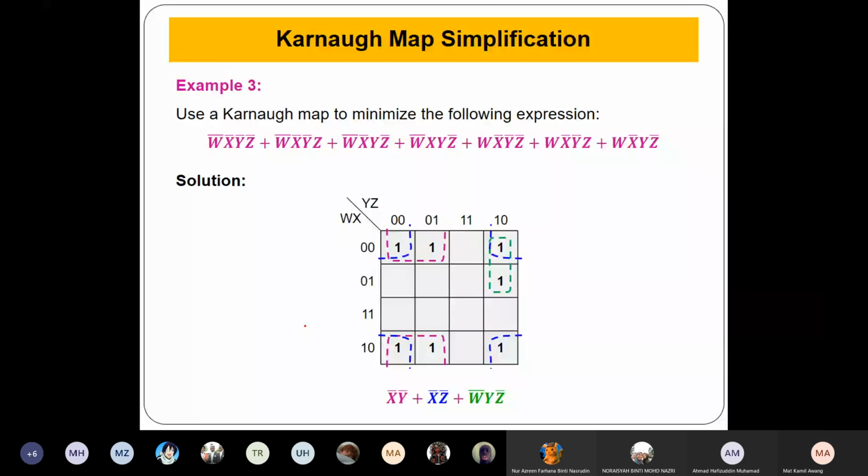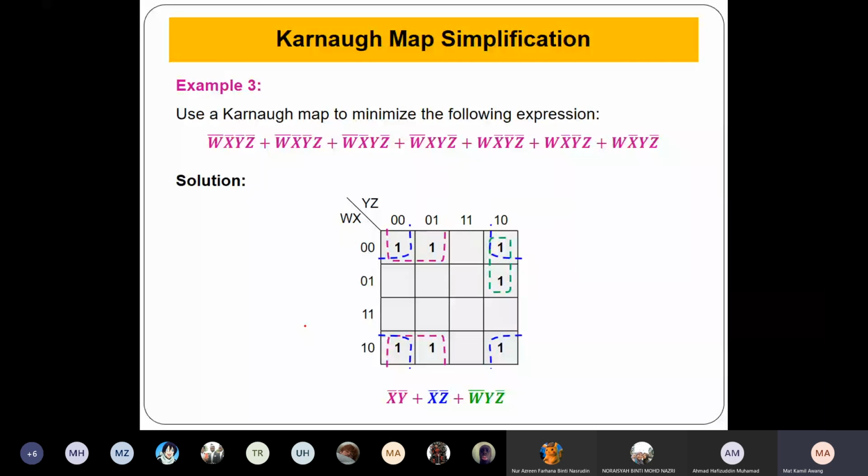Another example. Use a Karnaugh map to minimize the following expression. Now you have 7 terms and 4 variables. 4 variables is basically a 16-cell Karnaugh map.